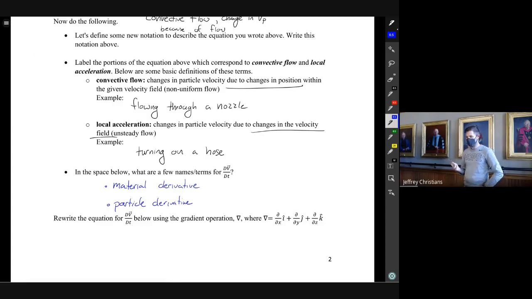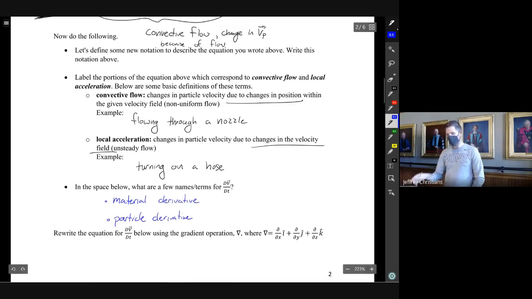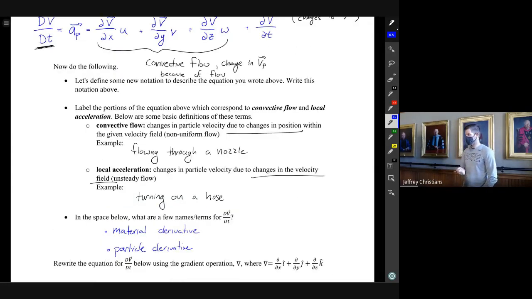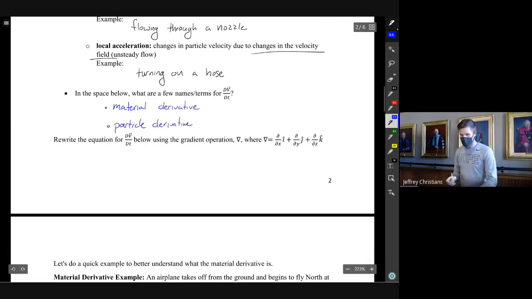Its definition, you probably won't run into it that many places, but you may run into somebody talking about the particle derivative or the material derivative. So that's all that it's talking about. It's how we're connecting what's happening to a particle to what's happening in the broader picture, the broader flow. Another notation way of writing it, which is again the same thing but a little bit more compact.